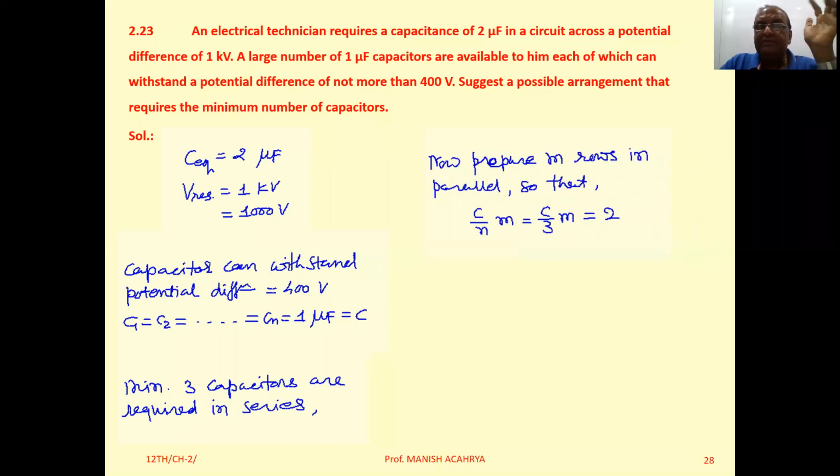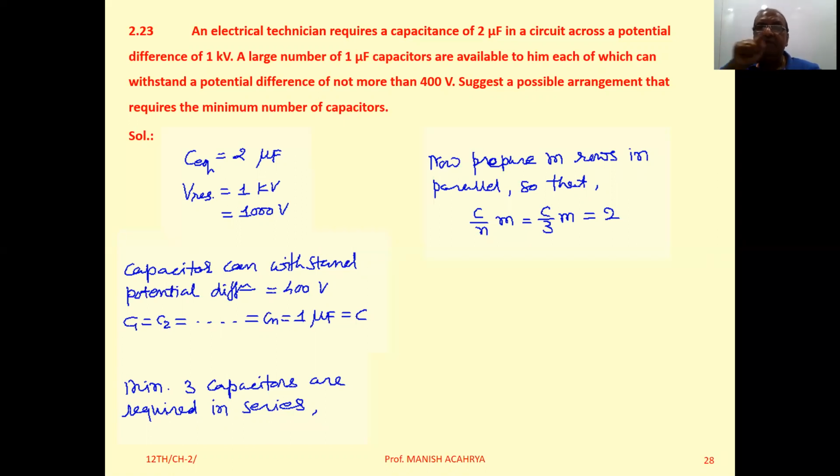So suppose m number of rows, and in each row 3 capacitors are connected, and the rows are connected in parallel. And in parallel combination, the potential difference across each one is the same. So the circuit can withstand 1000 volt.